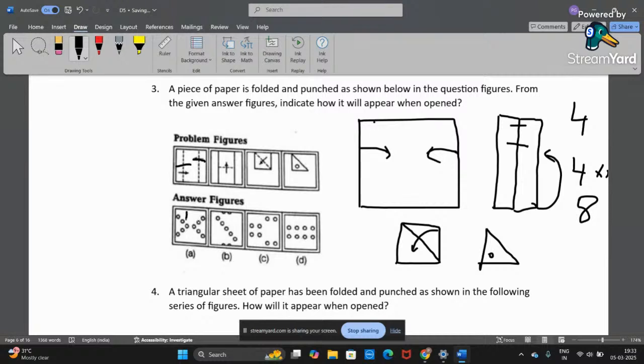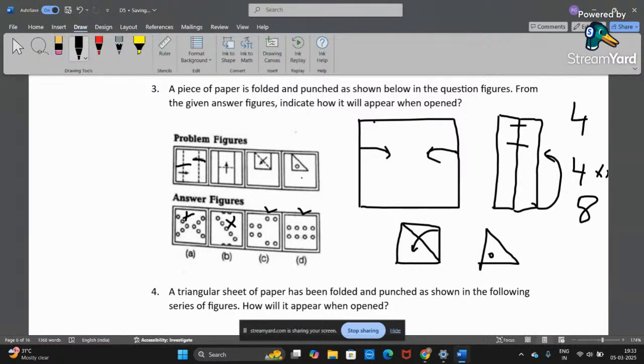Here it is 5, total it is 10. This will not be the answer. Here it is 5, 6, 7, 8, 9. This also will not be the answer. Here it is 4, and here also it is 4. But here the hole is punctured between the edge of the, what?